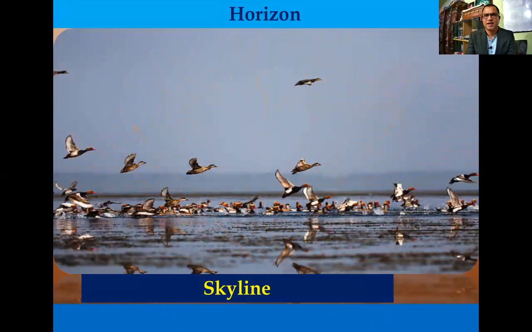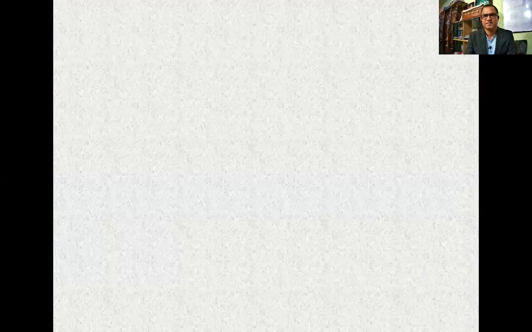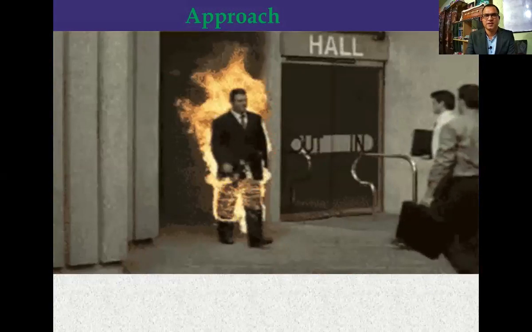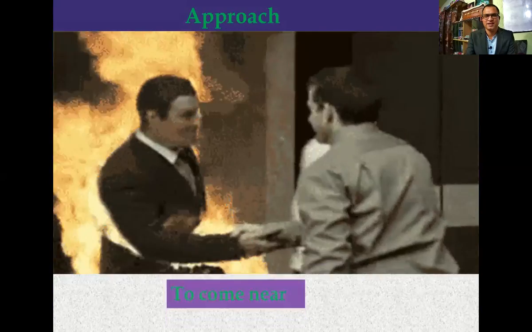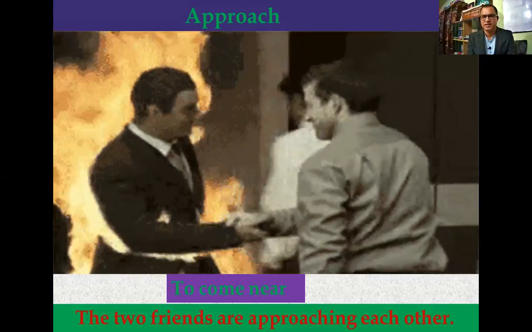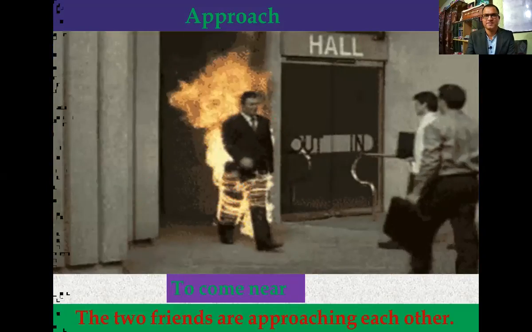A place where it seems that the sky kisses the land. This is the skyline. Look at the horizon. Approach. Approaching means to come near. The two friends are approaching each other.